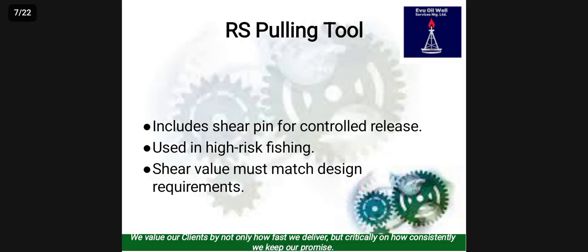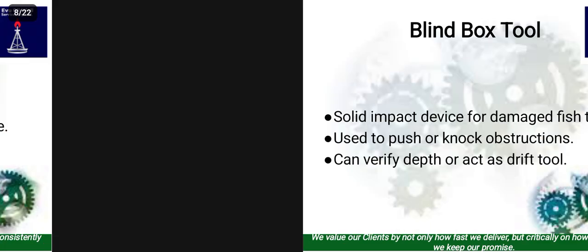The ROS pulling tool. The ROS pulling tool has a shear pin that allows controlled release. It's mainly used in high-risk fishing jobs where you must avoid getting stuck. The key point here is this: always check the shear value before the job.